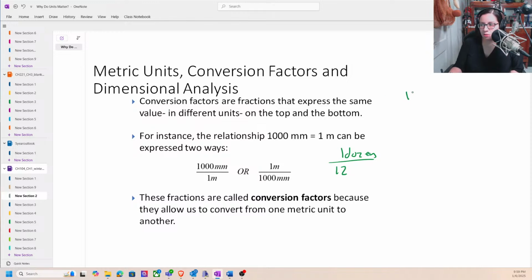So we could do 12 inches in 1 foot, or 1 foot over 12 inches. It doesn't matter how I write this. It's just a relationship, just an expression.